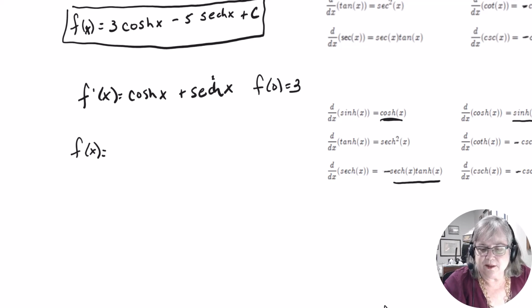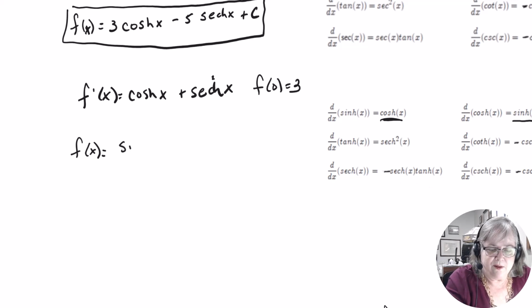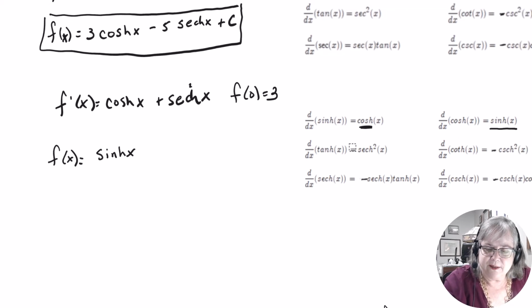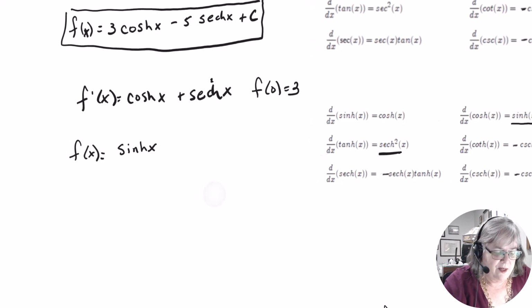Here's the hyperbolic cosine. So you would have taken the derivative of the hyperbolic sine. And to get the hyperbolic secant squared, you would have taken the derivative of the hyperbolic tangent. There's a squared up here. All right, plus c.